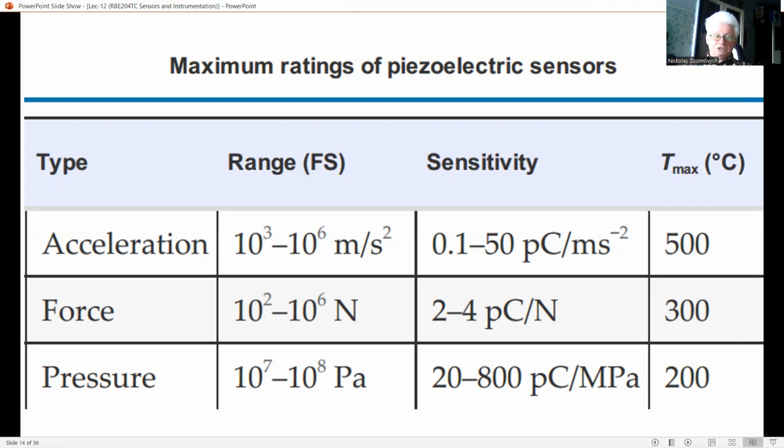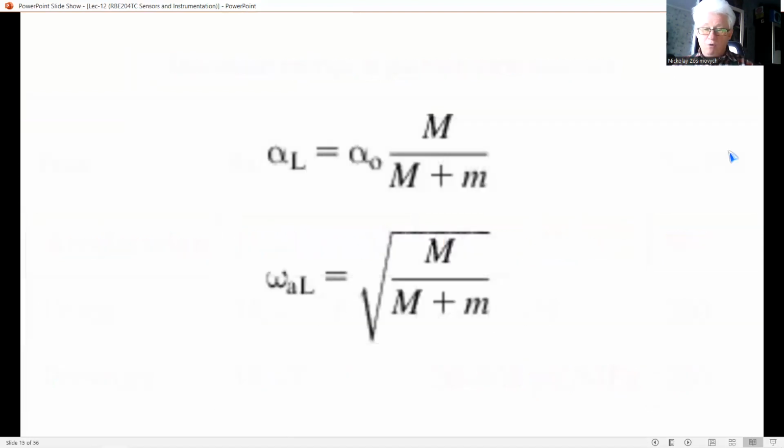When mounting a sensor on an object, the latter is loaded mechanically, resulting in a change of acceleration and resonance frequency omega. When M capital is the mass of the object and M small is the mass of the accelerometer, the acceleration is lowered by a factor of M capital over M capital plus M small.